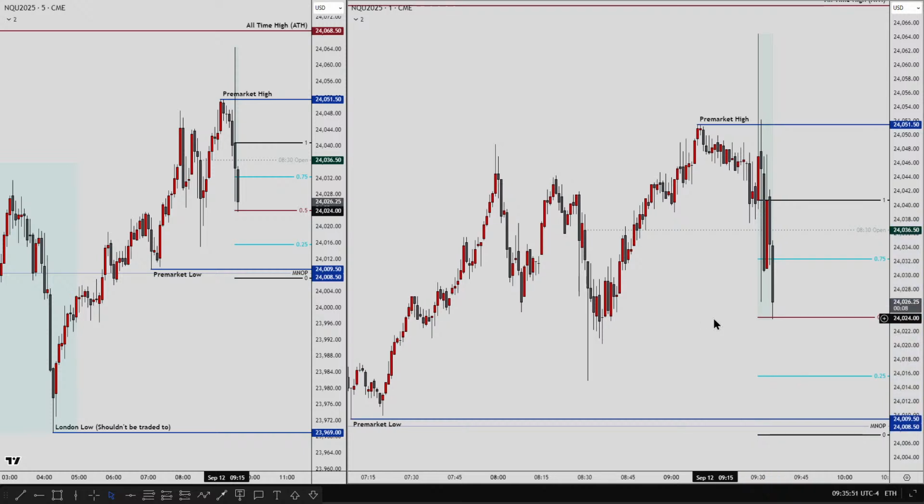So until 10 a.m. If you have an opening range gap that's less than 120 handles, you have about a 70% chance of trading into the consequent encroachment level. Consequent encroachment is just the 0.5 on that fib. Okay, so bearish order block.